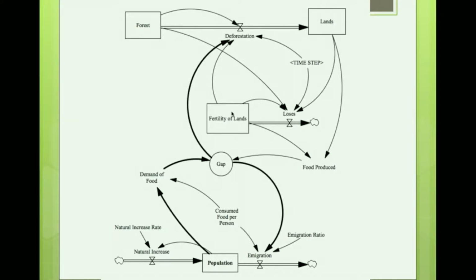The loss of fertility then drives even more deforestation, because as the lands become less fertile and less productive, more forest comes into play, and there is evidence that the amount of deforested area was increasing over time. So when food gets produced, this generates a gap between what's demanded by the existing population and what the lands are actually able to produce.